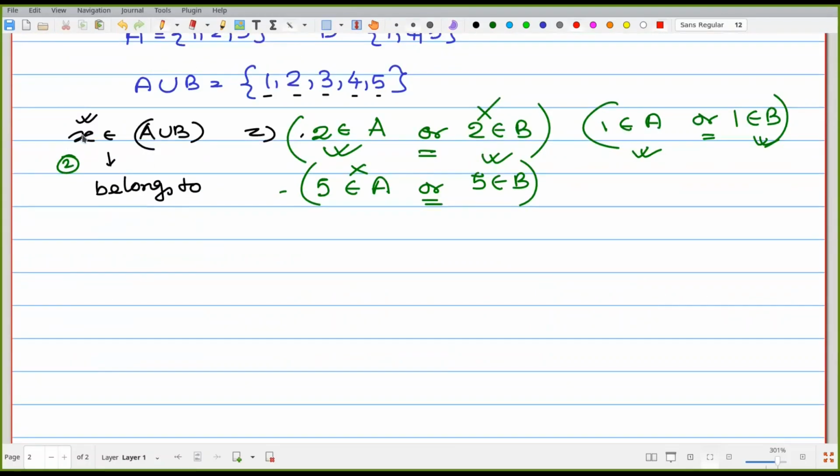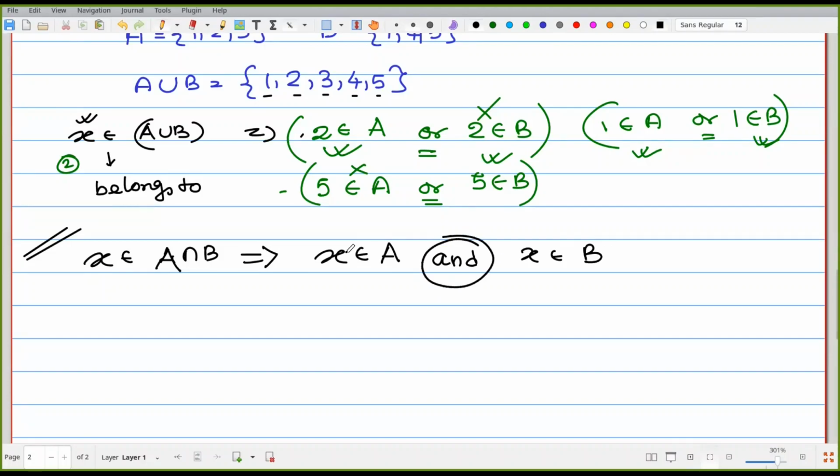Second one, the case of intersection. x belongs to A intersection B. That implies x belongs to A and x belongs to B. I am not discussing it further because and means it must be.